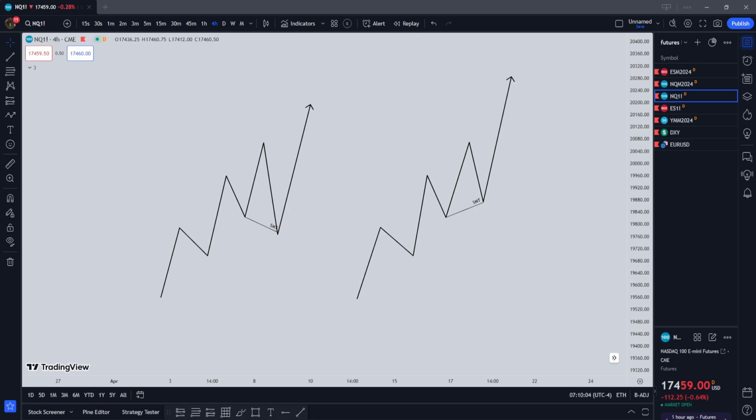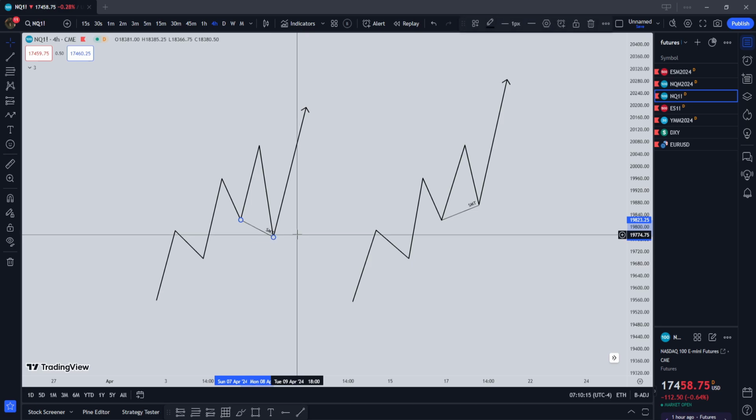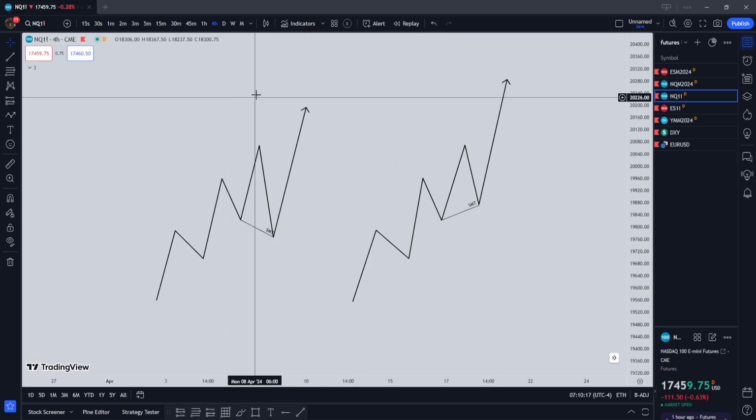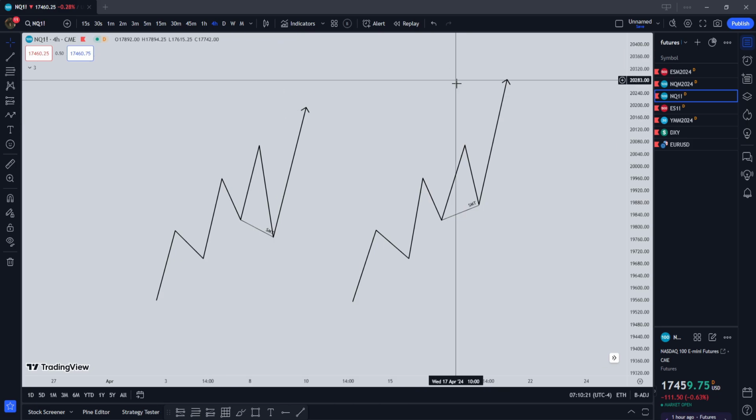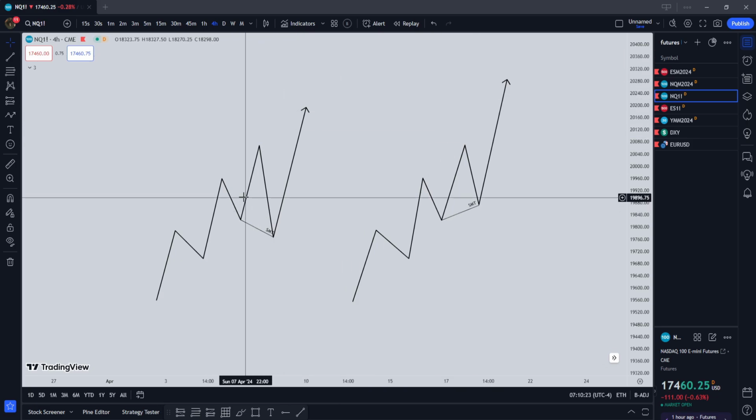SMT occurs when one asset makes a lower low while another makes a higher low, which is called a bullish SMT. In this example, let's say these two are different but correlated assets. Let's say this is NQ and this is ES, it doesn't matter.